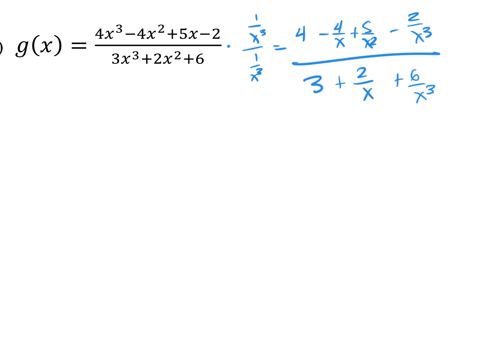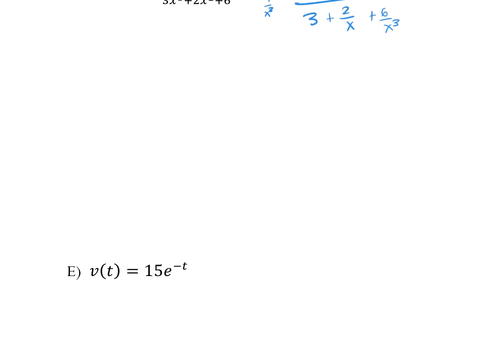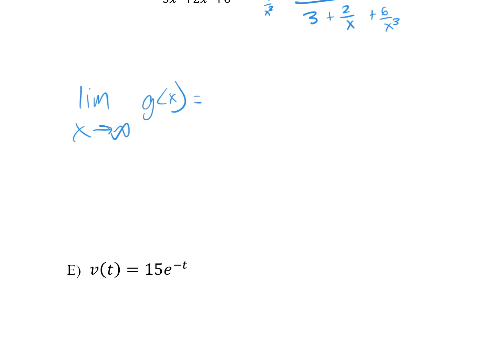Okay. So we've rewritten g of x. So now if I ask you guys, what is the limit as x approaches infinity of g of x? It's 4 minus 0 plus 0 minus 0 over 3 plus 0, which is 4/3.